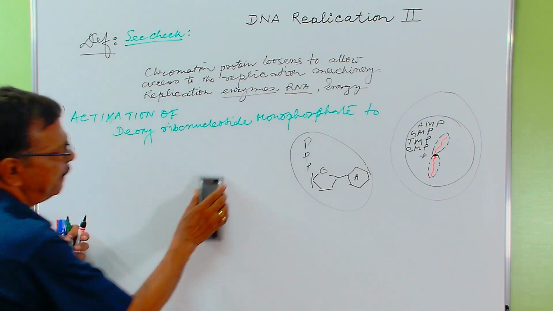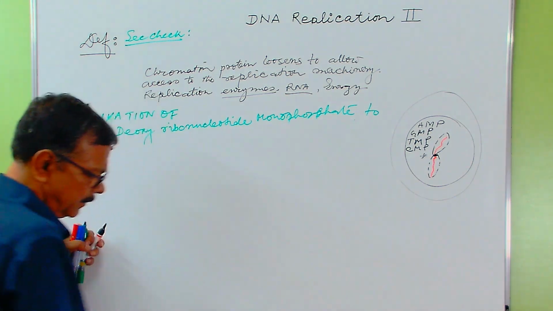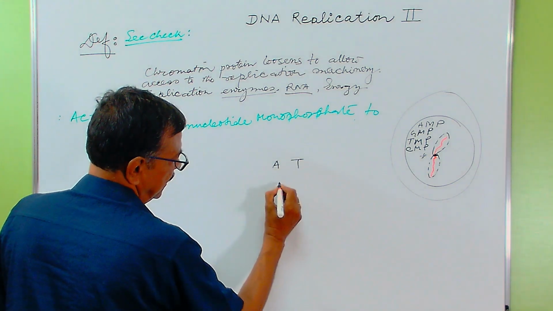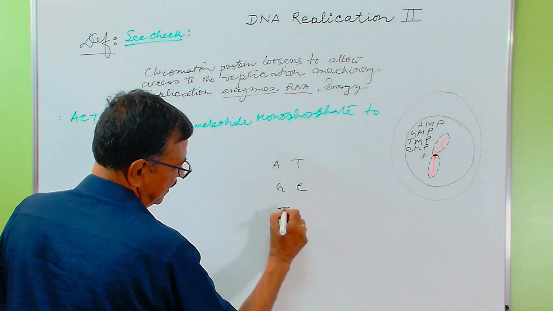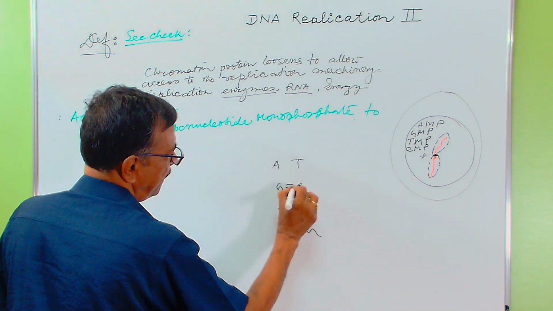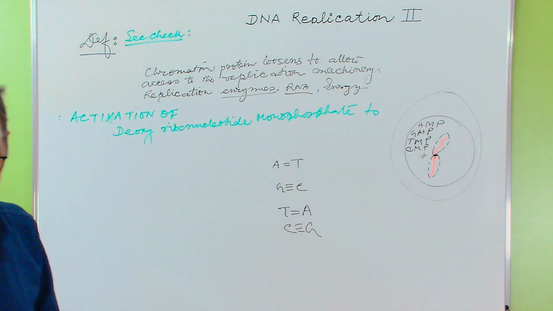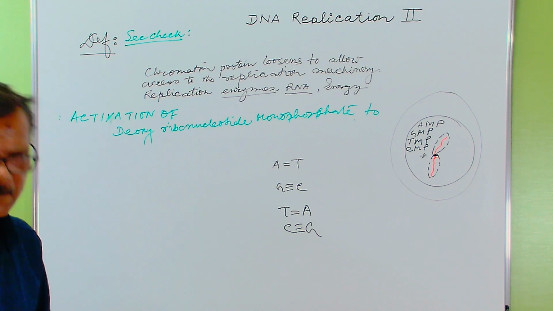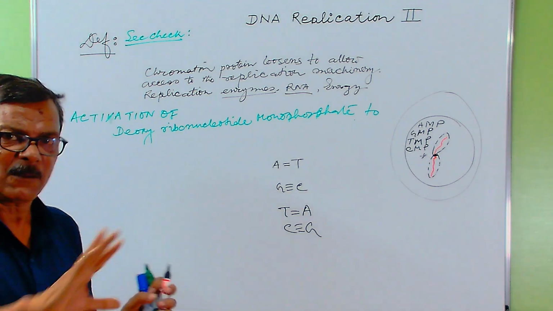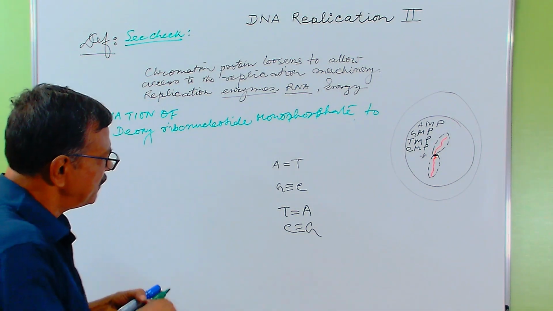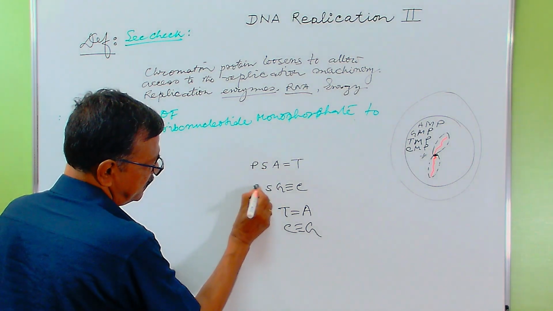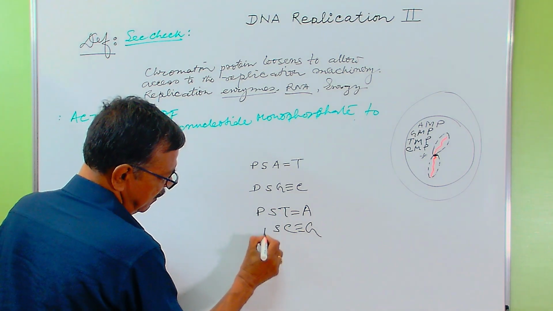Before replication, what we have seen is that the DNA is made up of nucleotides A, T, G, C, T, A, C, G. These are joined with double hydrogen bonds or triple hydrogen bonds, as the case may be. These are the purine and pyrimidine bases that we have come across. Here one sugar is there, phosphate, sugar, phosphate, sugar, phosphate.